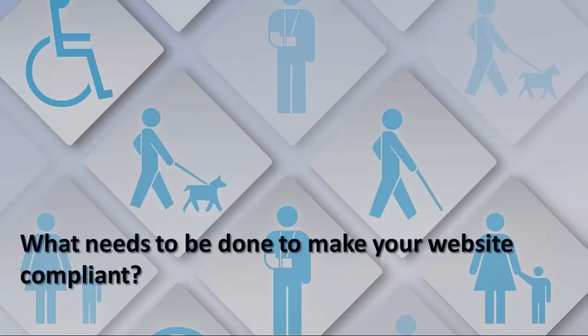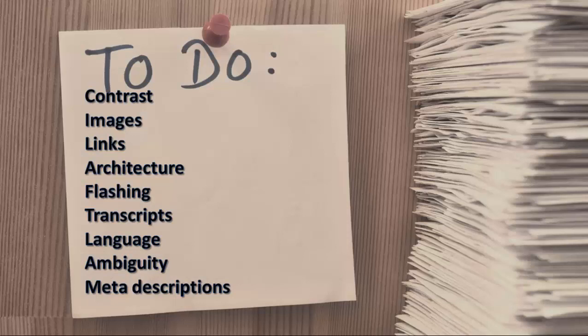So how can you work out what you need for your website to be compliant? Here's your to-do list. Your contrast needs to be good. People need to be able to read what you've written. Images need to have alt tags, and that means that when somebody scrolls across it with their mouse, a tooltip comes up saying what the picture is.